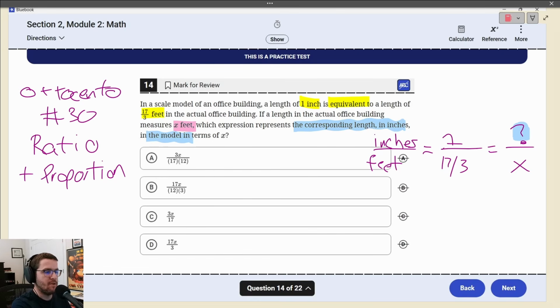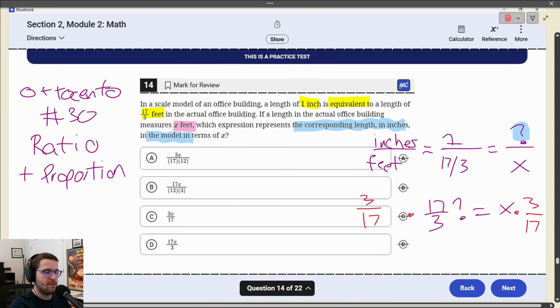Okay, so we can just cross multiply. So 17/3 times question mark is just 17/3 question mark, and 1 times x is just x. And now to move the fraction to the other side, we just multiply both sides by their reciprocal, so I'll multiply both sides by 3/17.